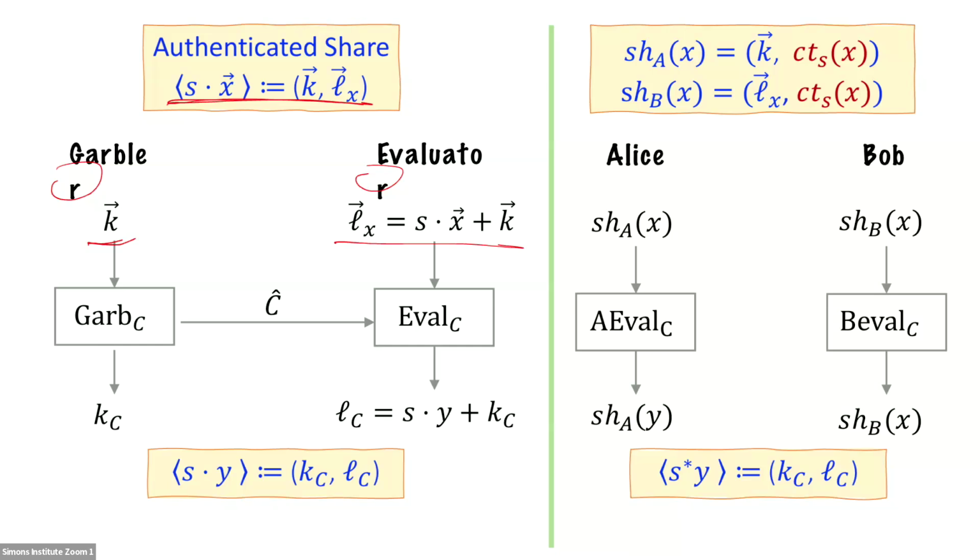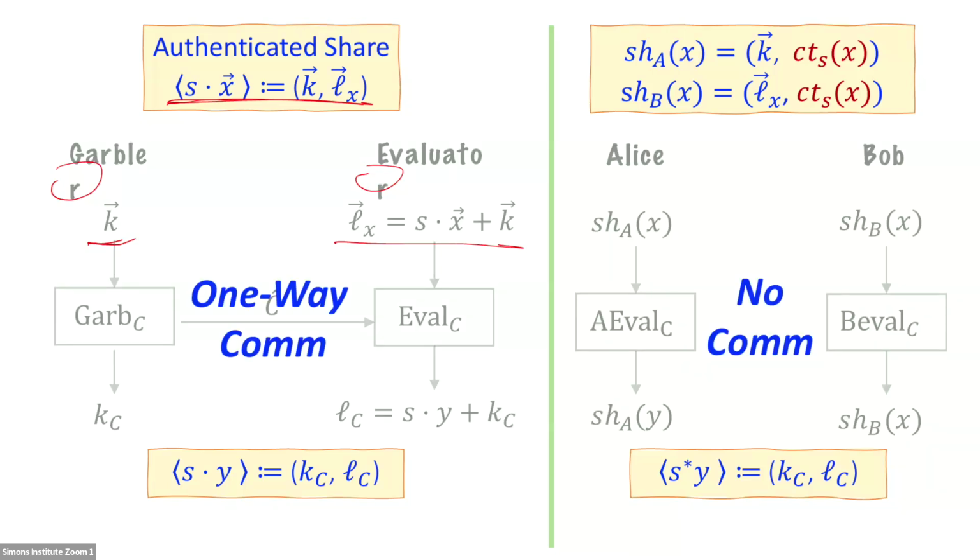Okay, so they look very similar, but with important distinctions. Three distinctions. HSS has no communication. Garbling allows one-way communication, and that communication is the garbled circuit itself.